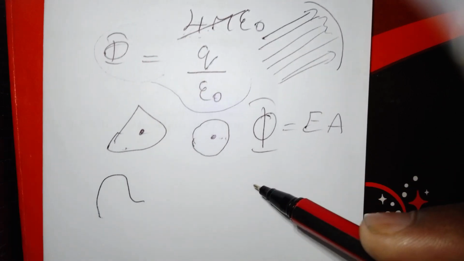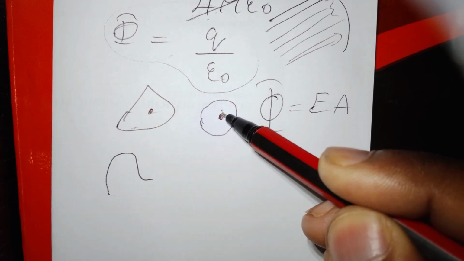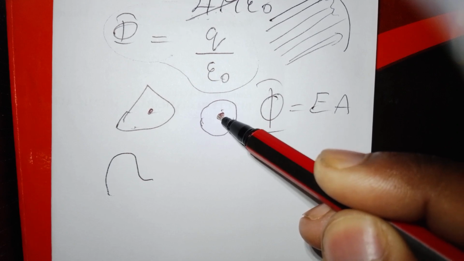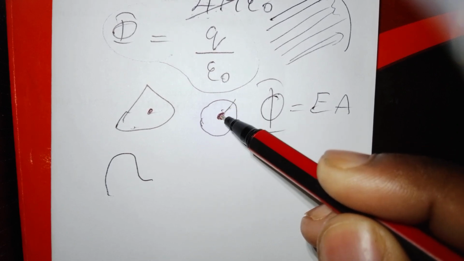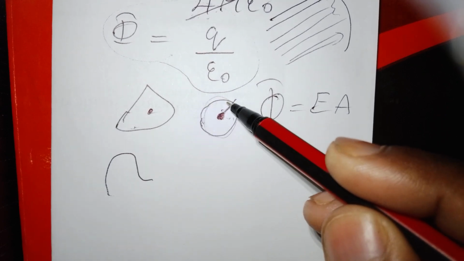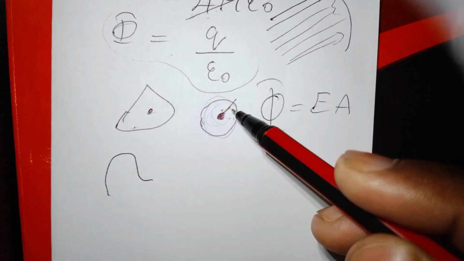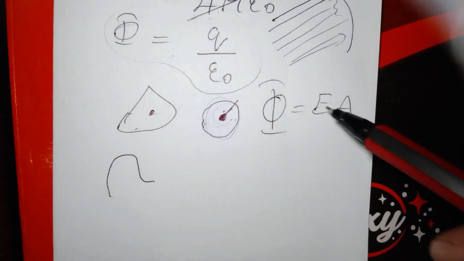So if you have a charge inside, then that electric flux will be the area times the electric field.